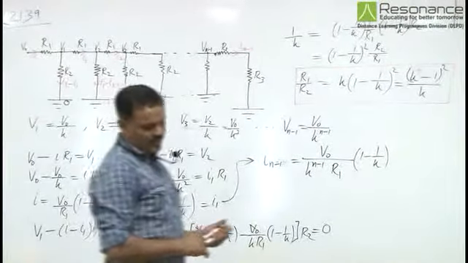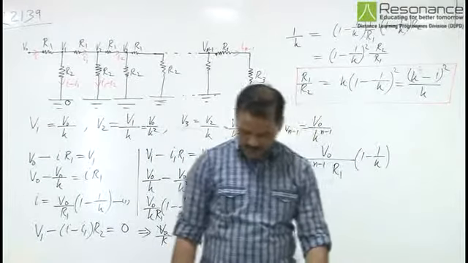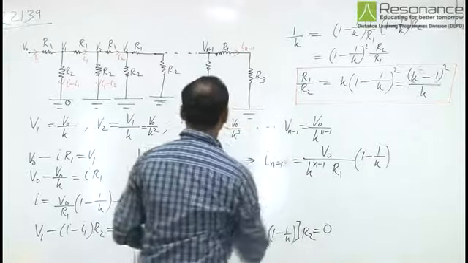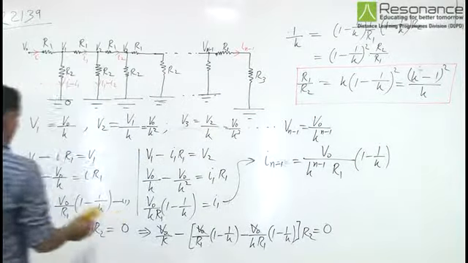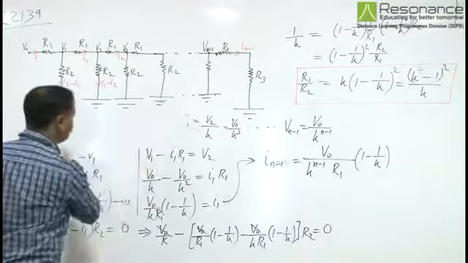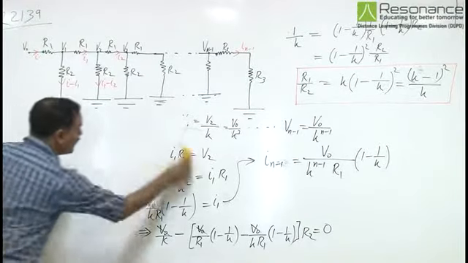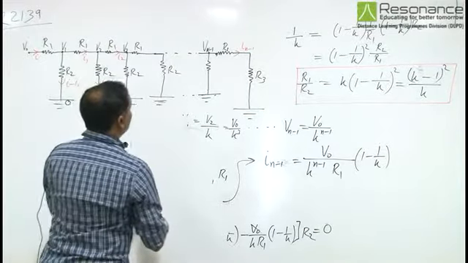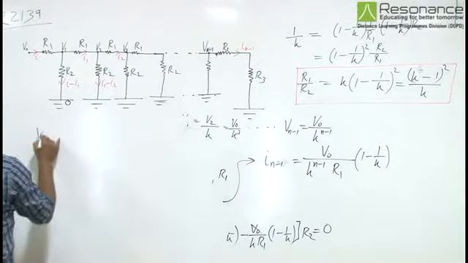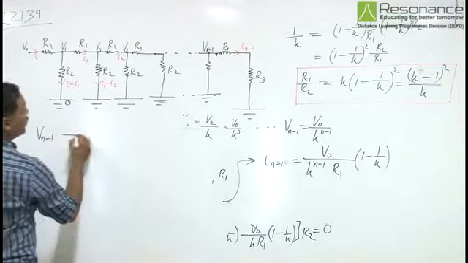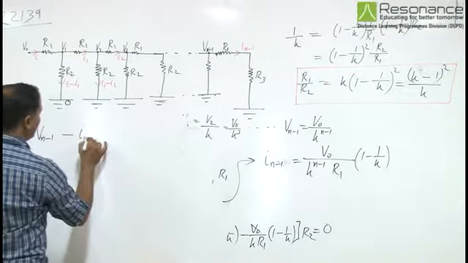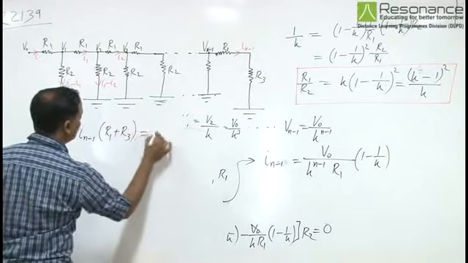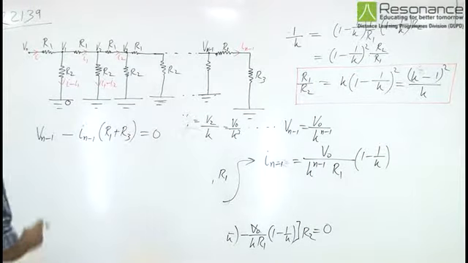Now we need to find the relationship between R2 and R3. For R3, we can write Vn minus 1 minus In minus 1 into R1 plus R3 is equal to 0.